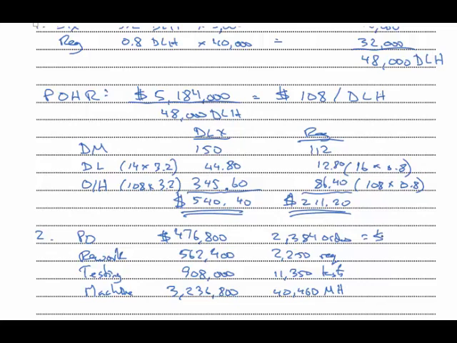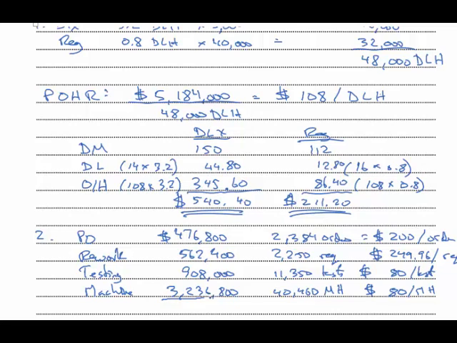So that then, doing a bit of math, gives us a rate of $200 per order, $249.96 per request, $80 per test, and $80 per machine hour. Okay, so there's our rates.